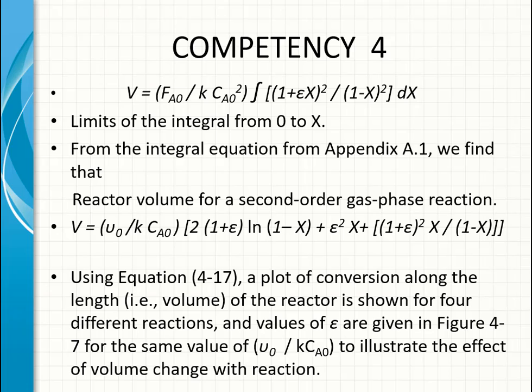And from the integral equations of Appendix A1, the appendix of our book tells us that that integral is equal to 2 times (1 plus epsilon) times the natural log of 1 minus X, plus epsilon squared times X, plus (1 plus epsilon) squared times X divided by 1 minus X, and all that multiplied by v0 divided by k CA0 is the volume of the reactor.